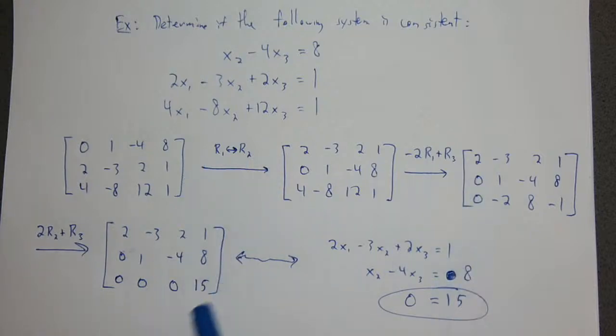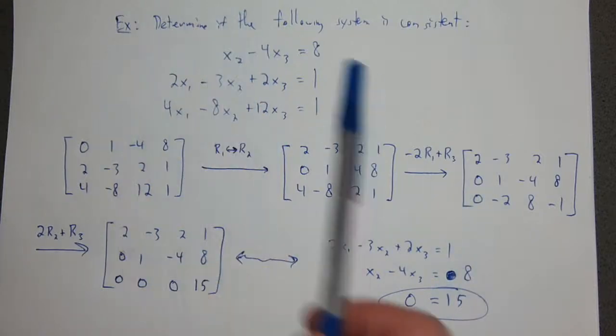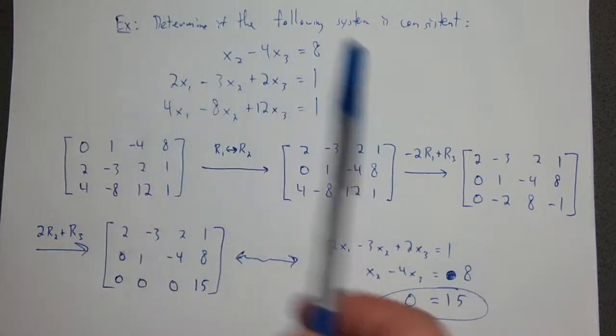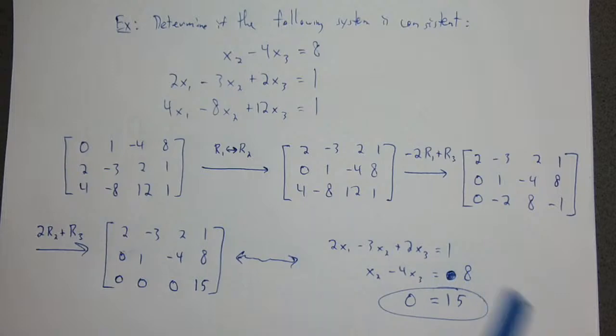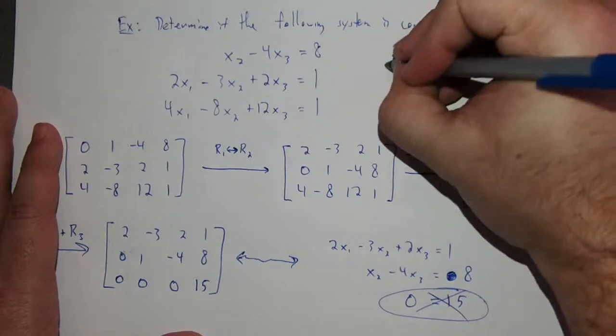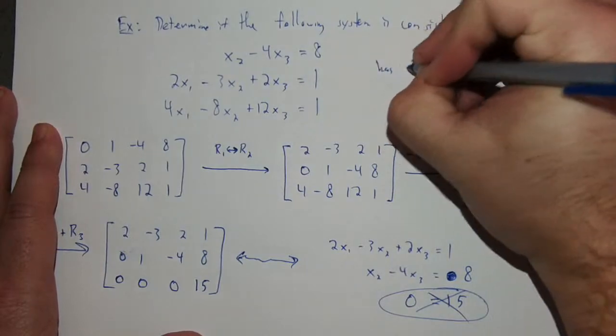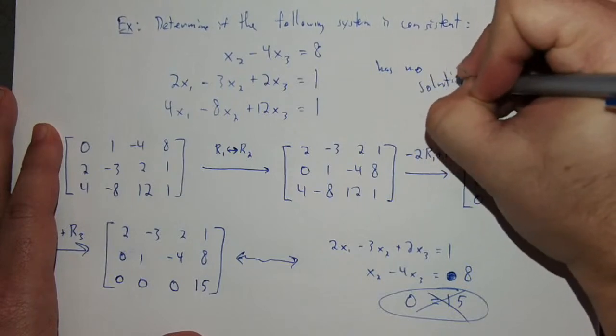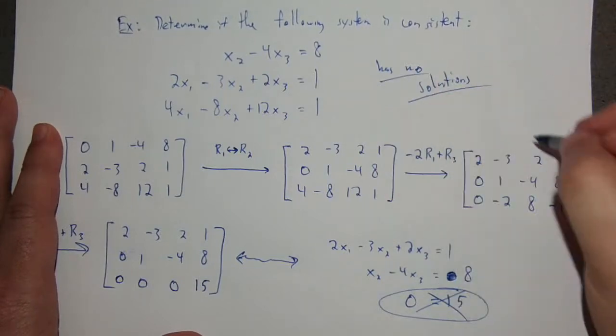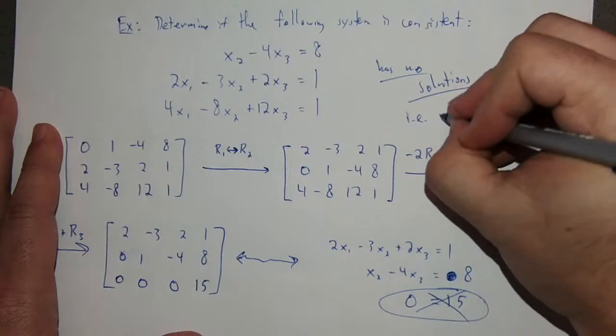We took a system that we wanted to determine whether or not it had a solution. We used row operations to translate it into a system that looks like this that has no solutions. Since these have to have the same solution set, that means that this has no solutions. So this is no good, and thus this has no solutions, i.e. is inconsistent.